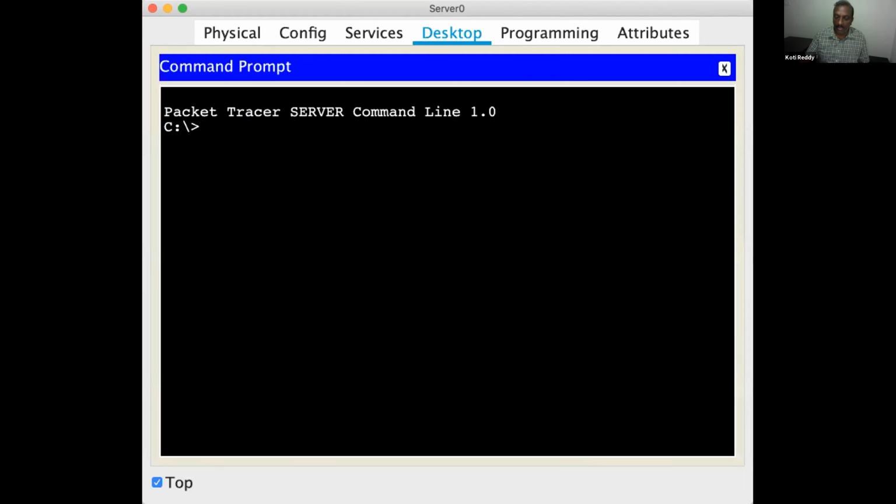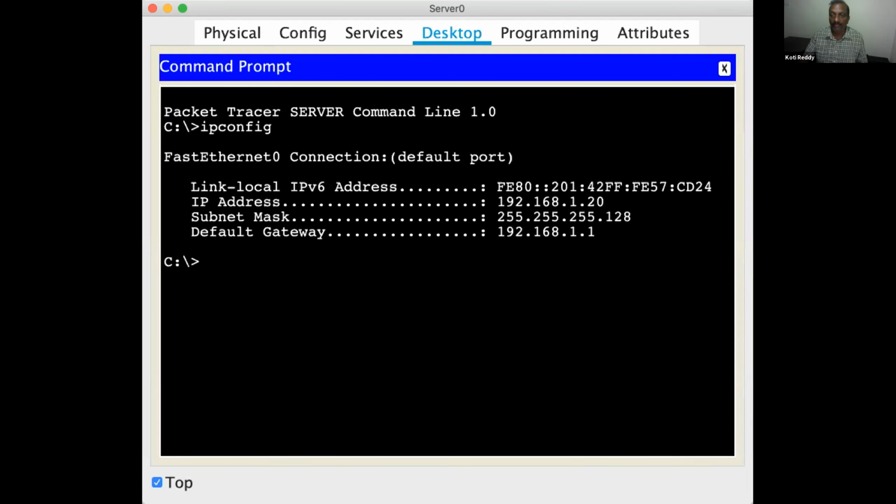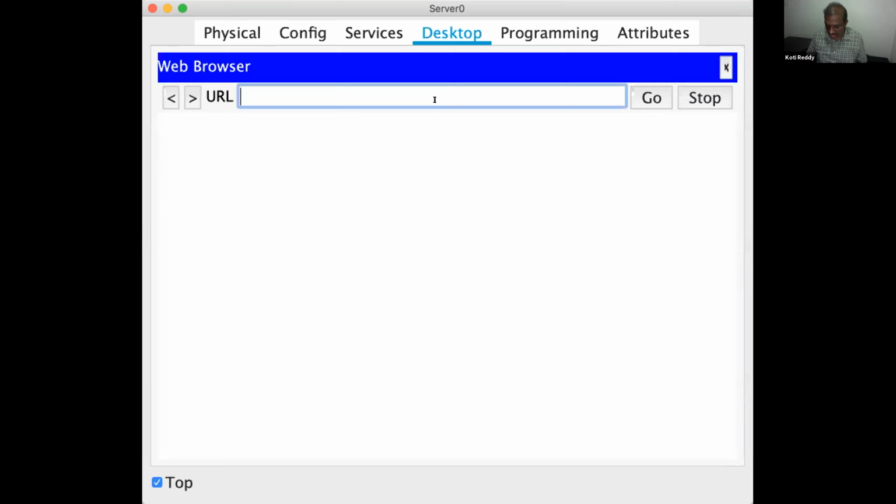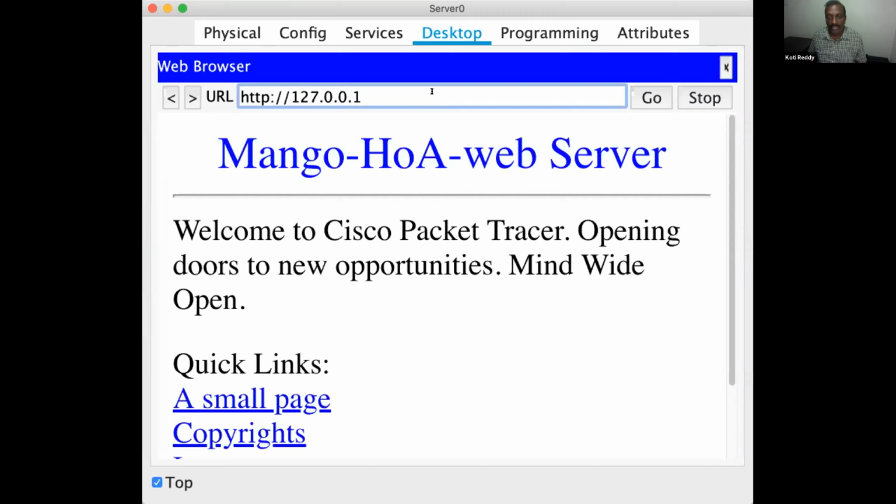Again I go to the command prompt and say IP config, I have this one. We already made this the HOA system yesterday, right? Let's see if it's working. 127.0.0.1 is the HOA web server, right? It is in the first network where 100 hosts are accommodated.